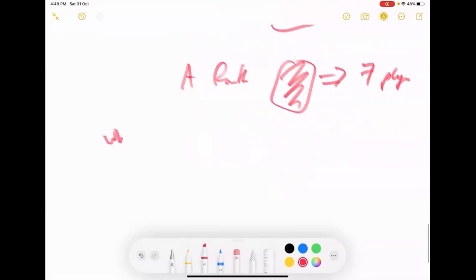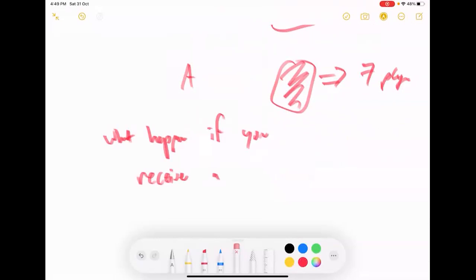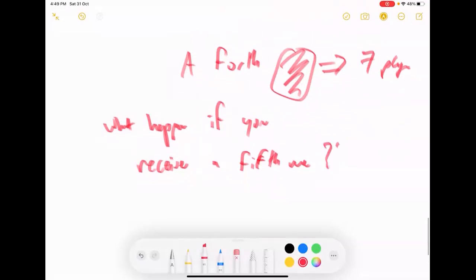What happens if you receive a fifth one? Does anyone know?